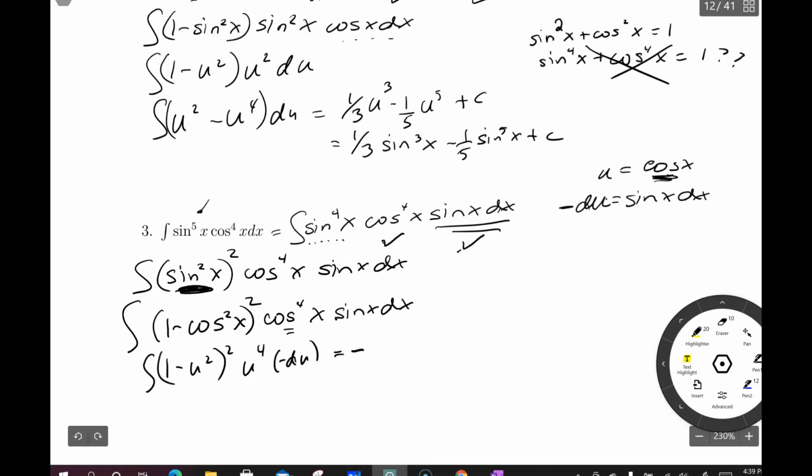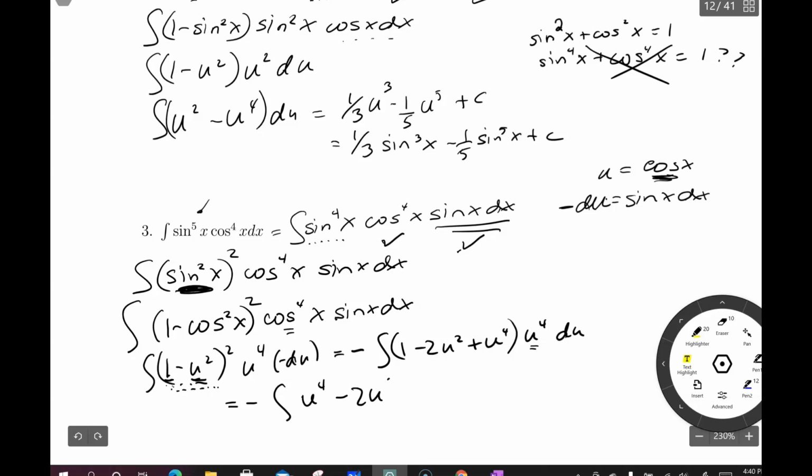All right, so let's pull the negative on the outside. And I need to multiply this out. Be really careful that you don't do bad math, right? So multiplying this out, I get this thing squared. This times 2. And then this thing squared, so plus u to the 4th. And that's all times this u to the 4th. So now I need to keep going. Multiply this u to the 4th in.